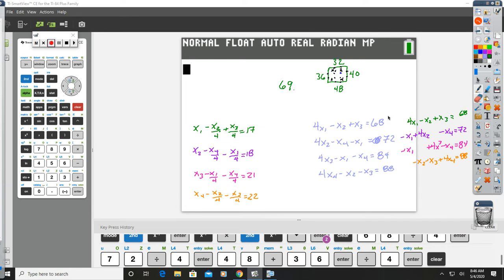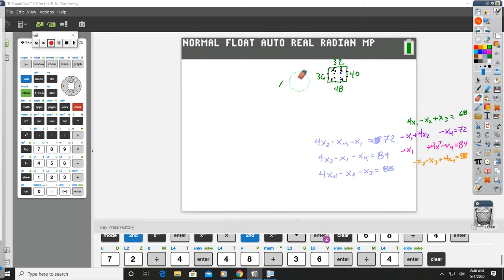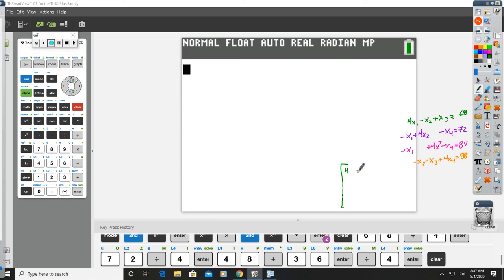So if I were to create a matrix out of this, okay, let's clean this up. Now that I have my equations, I can just create two matrices, matrix A and matrix B. Matrix A would be 4, negative 1, negative 1 and 0.